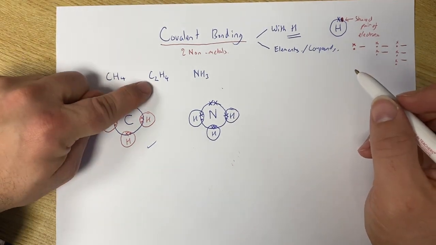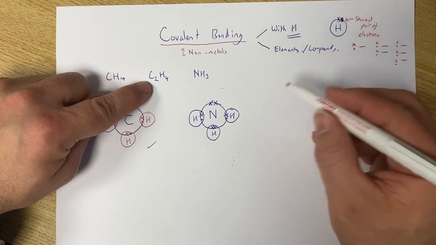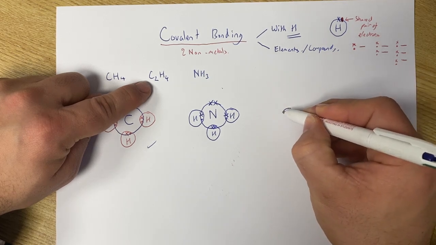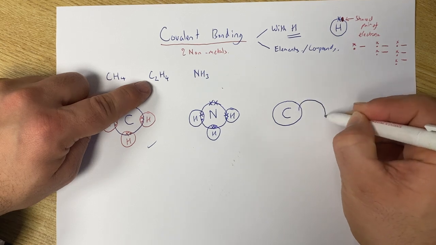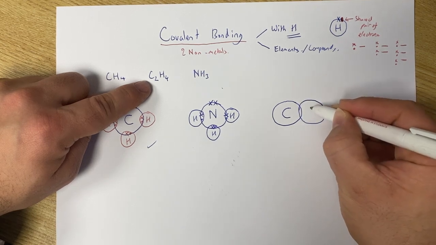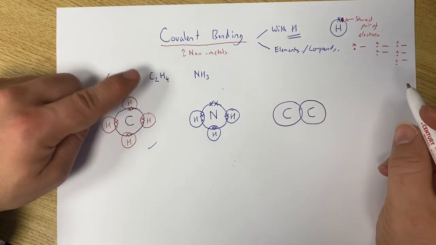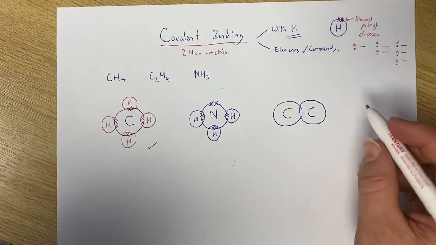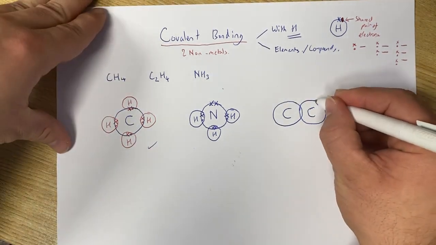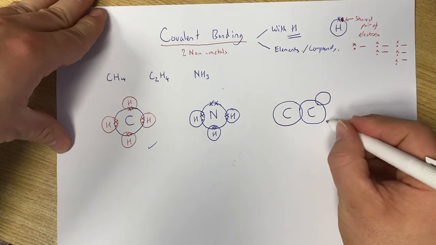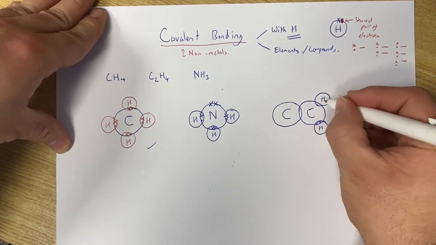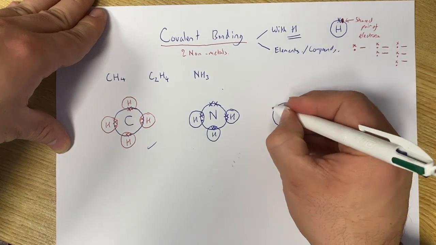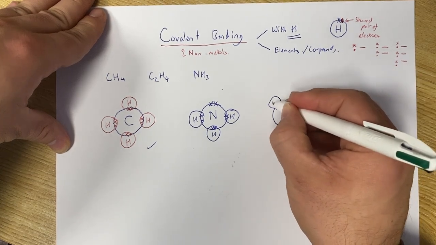So I have to make sure all elements apart from hydrogen add up to 8, okay? In this example here, we've got 2 carbons and 4 hydrogens. Now in this particular case, the 2 carbon atoms, because they're the non-hydrogen atoms, will be bonded together, okay? And there are 4 hydrogens in total, and so I'm going to put 2 hydrogens onto each carbon in exactly the same way, dot cross, dot cross.